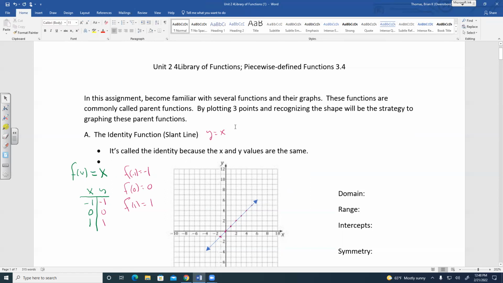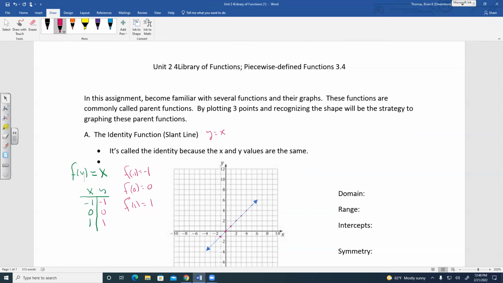So some things that we want to pick up on as we keep talking about is, first off, let's talk about the domain. So the domain, again, remember we look for the left bound, and the left bound is an arrow and the right bound is also an arrow. So there aren't any domain restrictions.